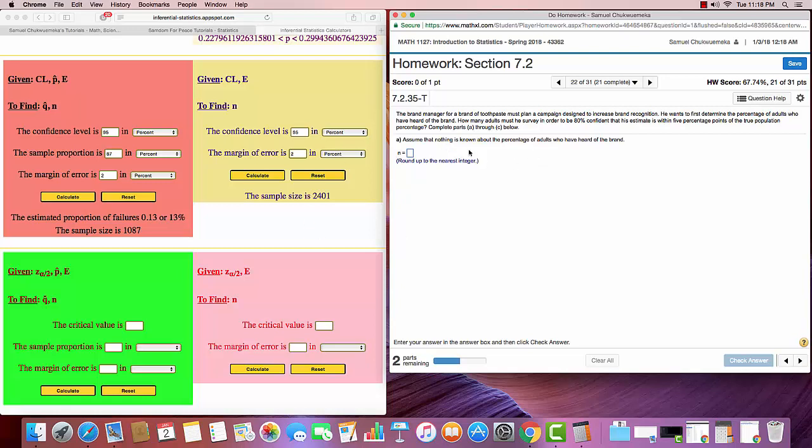A. Assume that nothing is known about the percentage of adults who have heard of the brand. So we're going to use this one here. Confidence level in this case is 80%, and the margin of error is 5%. Calculate. So the sample size is 165.